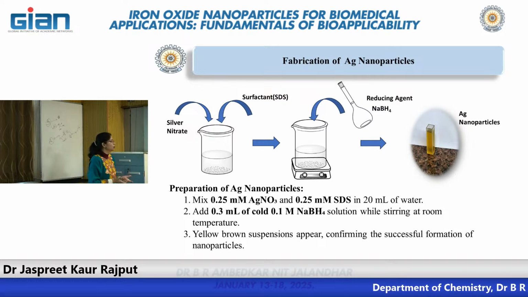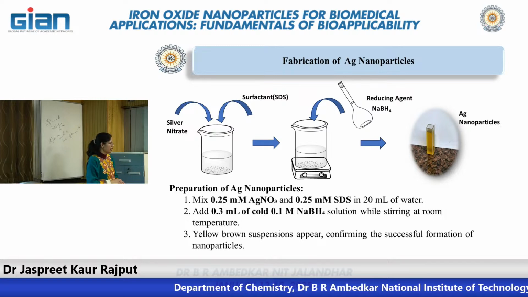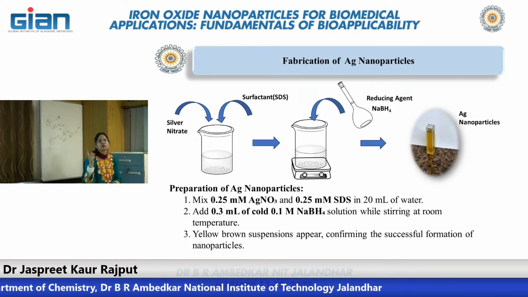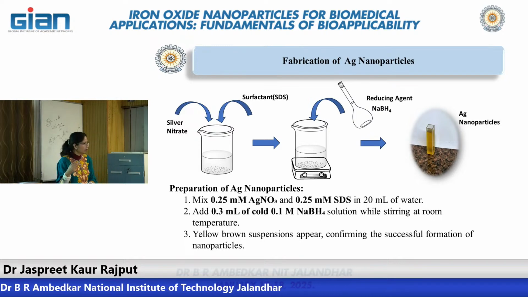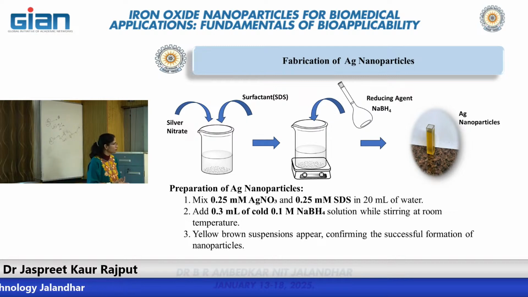Now what is the role of sodium borohydride in this case? In silver nitrate, silver is in the plus form, right? So from silver plus to silver you need what? You need a reducing agent. What is reduction? Gain of electrons.